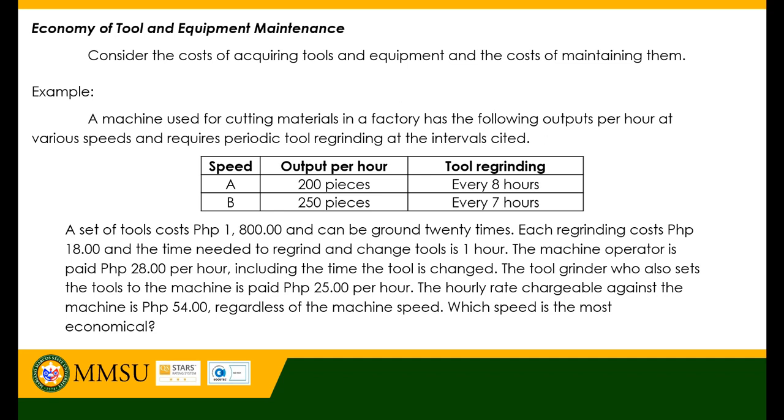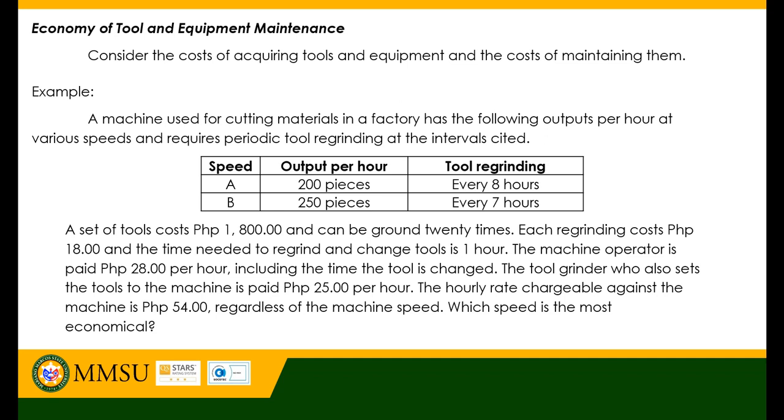The tool grinder, who also sets the tools to the machine, is paid 25 pesos per hour. The hourly rate chargeable against the machine is 54 pesos, regardless of the machine speed. So regardless of the machine speed, which speed is the most economical?